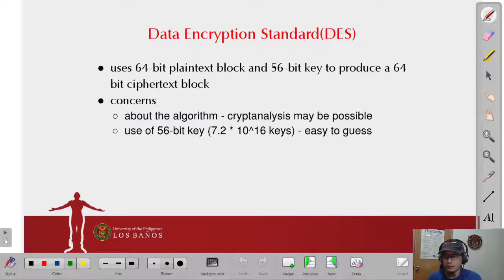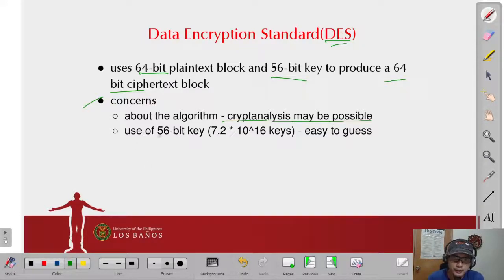So let's talk about a popular but old block cipher called DES. As described previously, it uses 64-bit plain text, a 56-bit key, and 64-bit cipher blocks. The main issue with DES is that if you study the algorithm, it's possible to do cryptanalysis and obtain the key or the plain text of a given ciphertext.